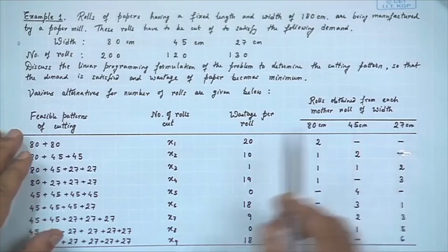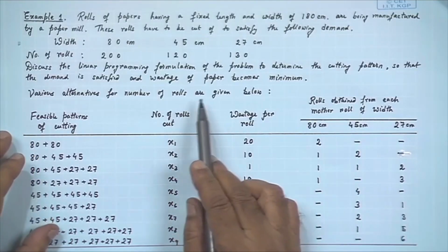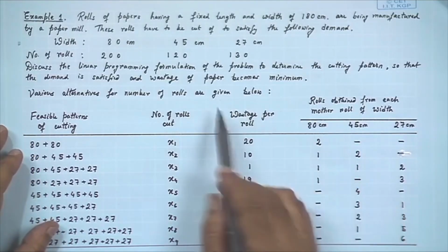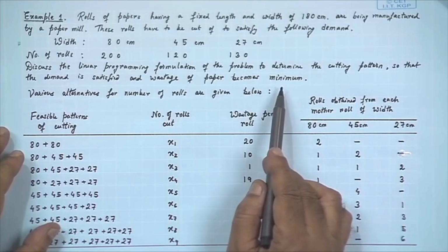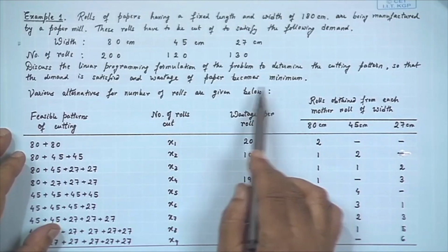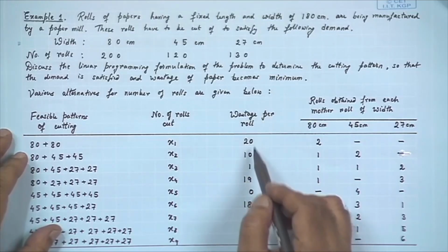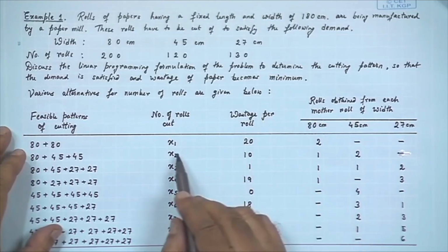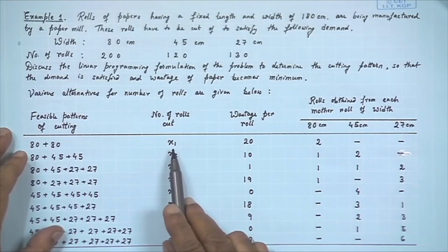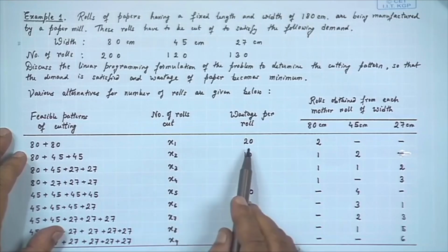So, here for this case, your aim is to find out the minimization of the wastage of paper. Whenever you are cutting into rolls, some wastage of paper is there, and I have to minimize the wastage. This table tells you how many cuts, that is x1, and the wastage is 20.